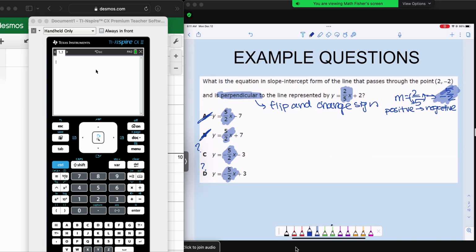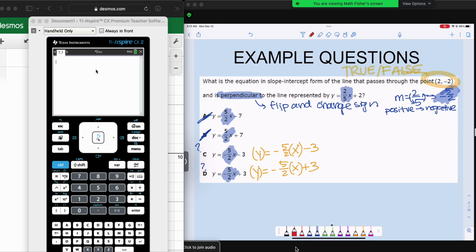To choose between C and D, to get our answer, what we're going to do is test this point with true, false. Always use true, false. So you have y = -5/2 x - 3. Then you have y = -5/2 x + 3. Put your parentheses.